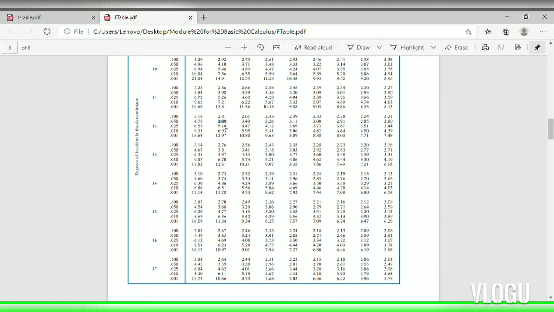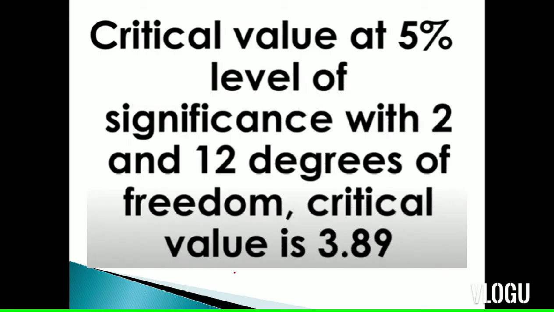So it means ang atong F ratio sa atong table is greater than the computed value. So the critical value at 5% level of significance within 2 and 12 degrees of freedom, or DF, critical value is 3.89.